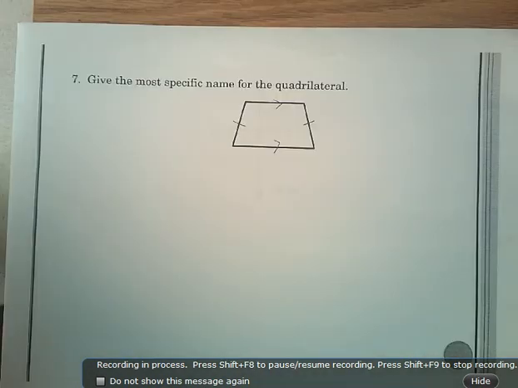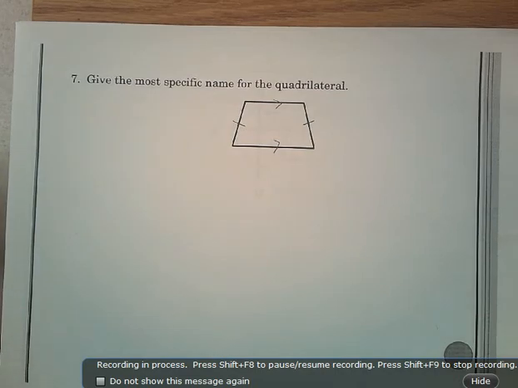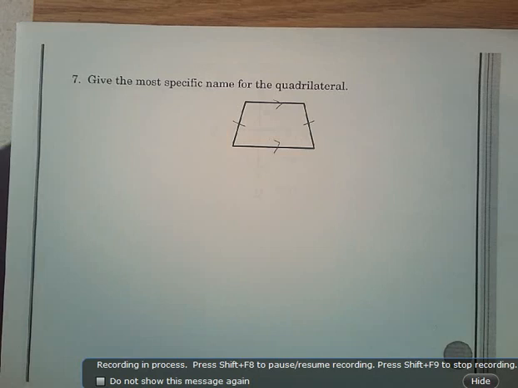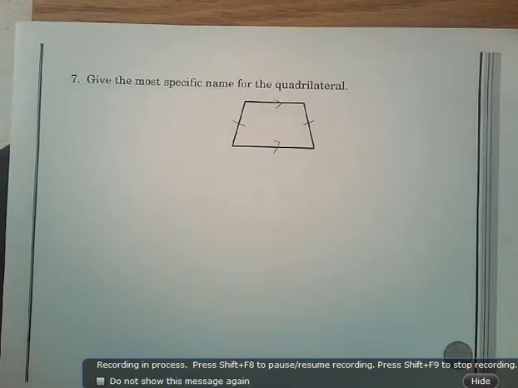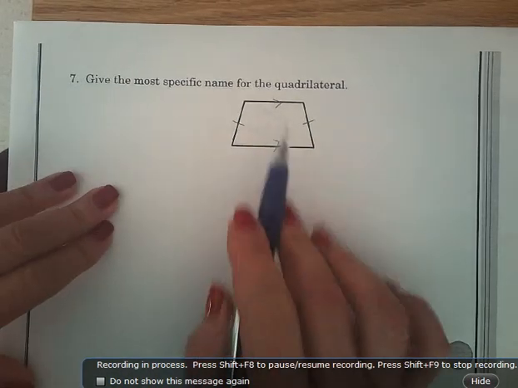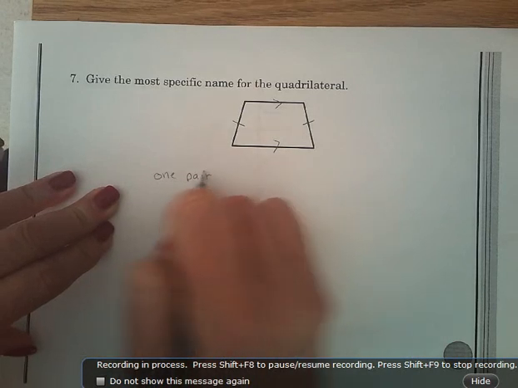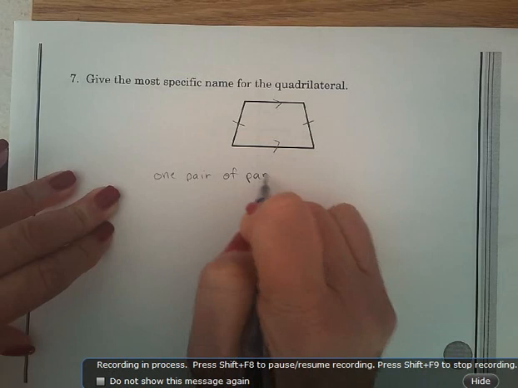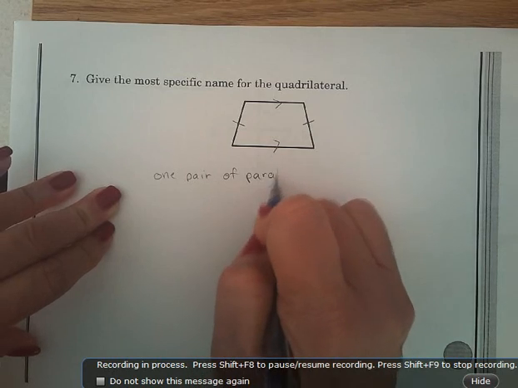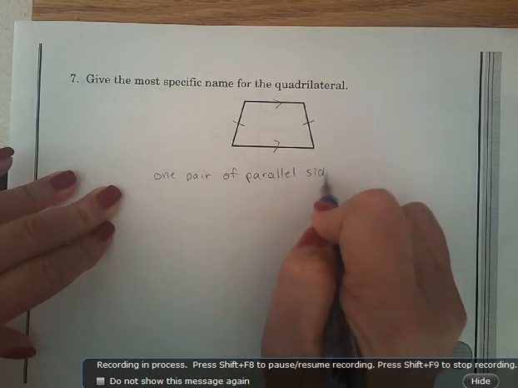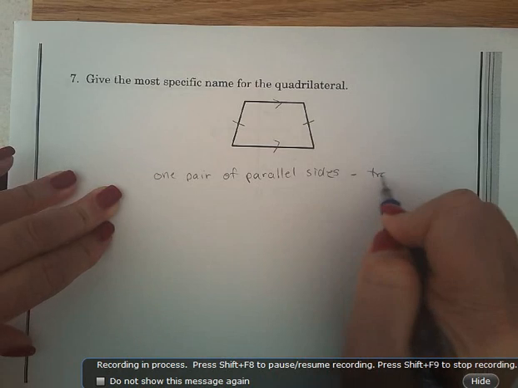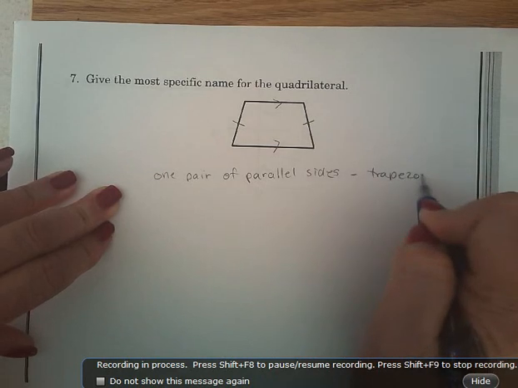But more specifically, right here, my legs are congruent. How do I know they're my legs? My legs are my sides that are not parallel. Remember, this is my base. This is my base that makes him a leg and him a leg. So my legs are congruent, which then specifically makes him an isosceles trapezoid.